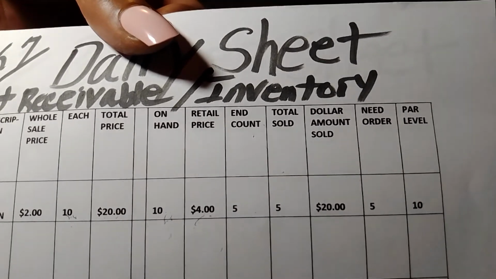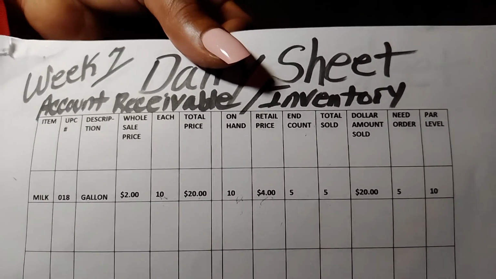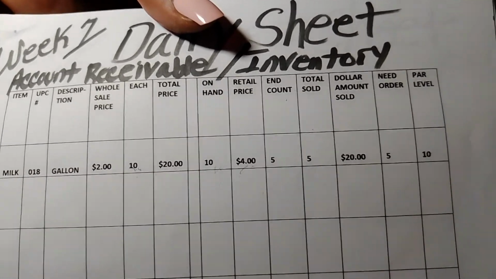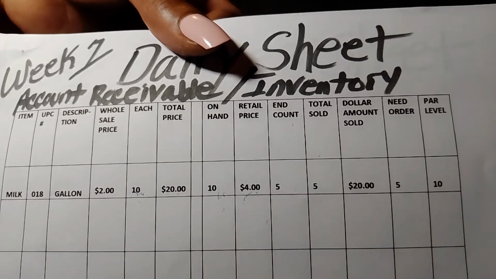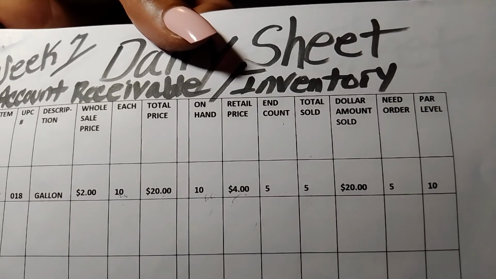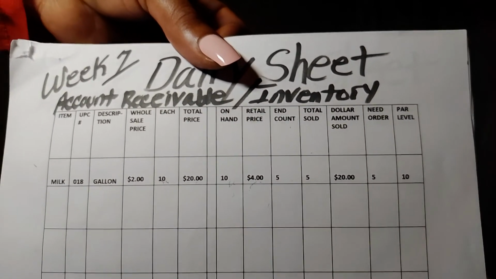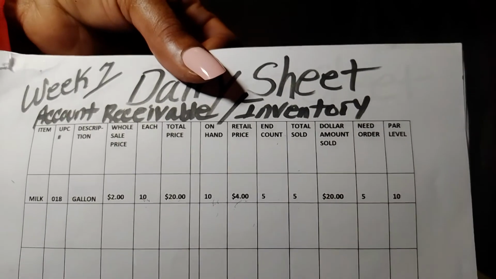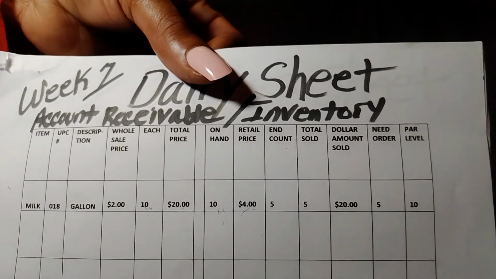So you started off with 10 milks in your store. You need to continue having 10 milks in your store. So that's your par level, 10 milks. Par level means you need to have 10 of that item in your store at all times. Okay? So that was the milk. You counted milk and your ending count was 5.